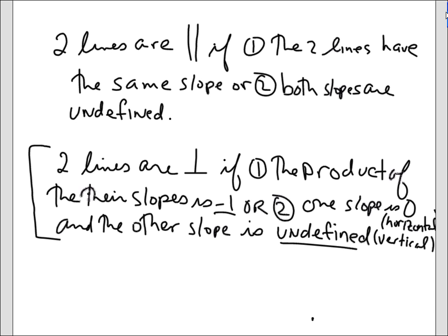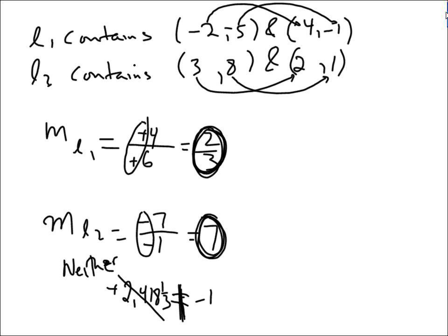Okay, that completes the section on parallel and perpendicular lines. Know the 2 definitions. And yes, parallel lines can intersect.